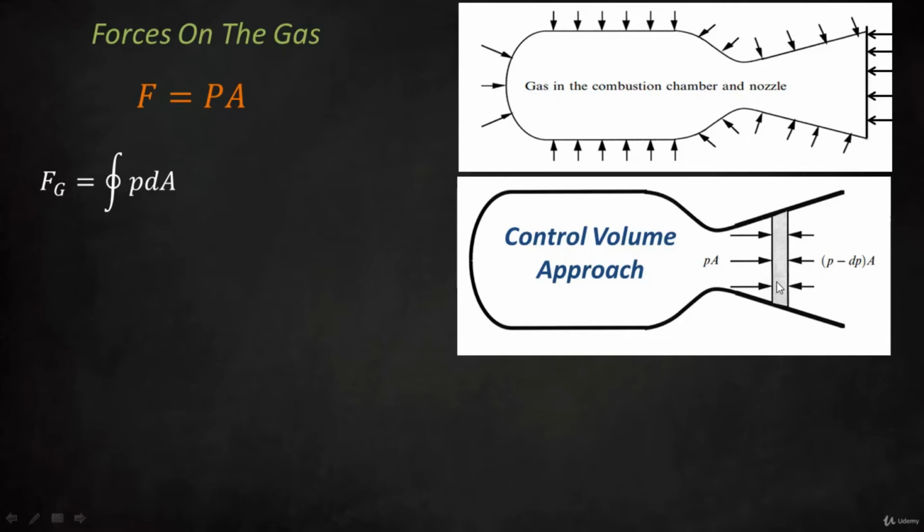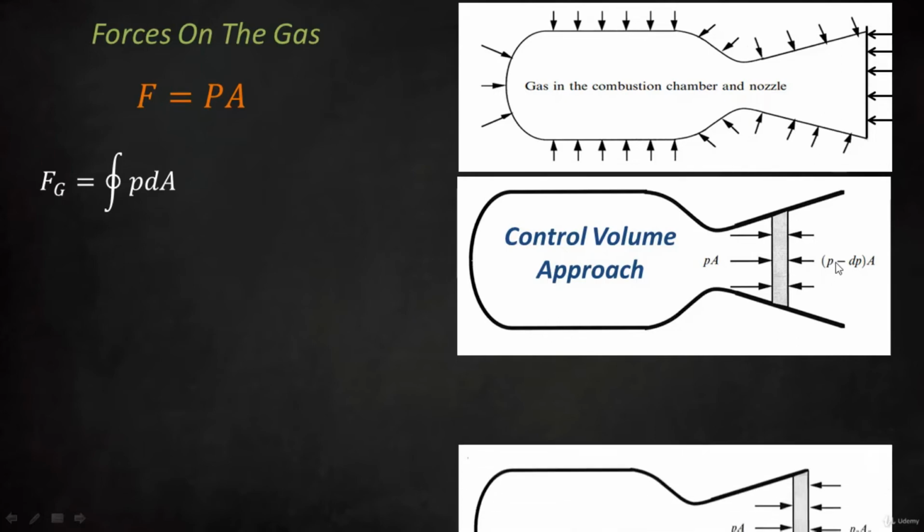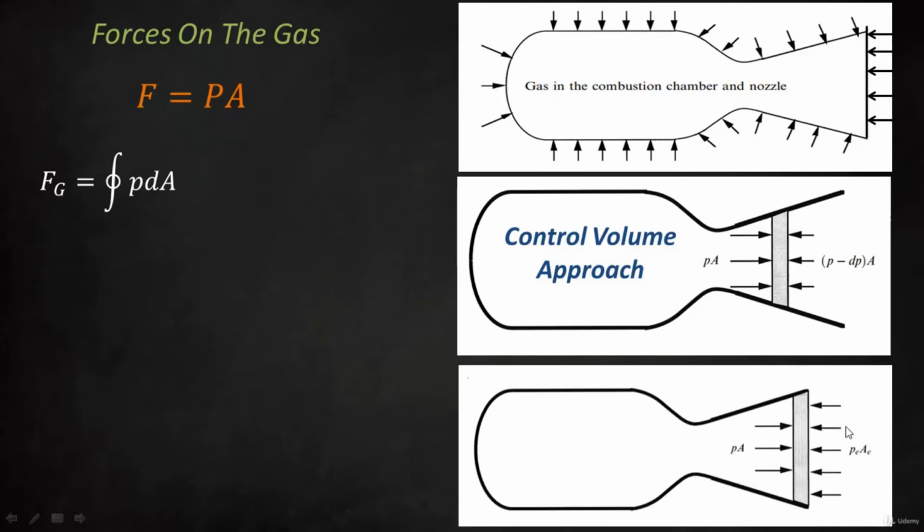And so on this side of the element, we've got a force that is equal to the pressure minus the change in the pressure, or the pressure drop, times the area of the nozzle. And as we go further to the right side of that nozzle, or as we go out of that nozzle, we can evaluate the pressure on the exit plane of that nozzle, which is of course PE.